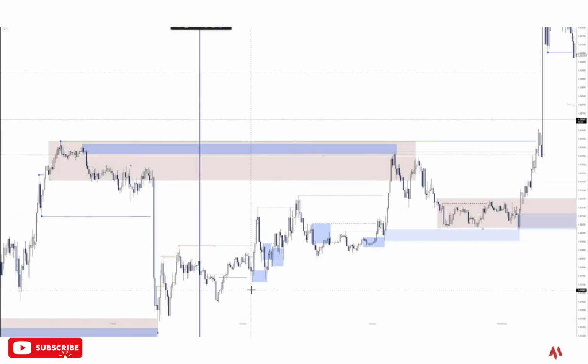Now getting into London, 7 o'clock. 7 o'clock over here, we had our first sign of strength, which shows that this bearish move has ended and the continuation is about to start.